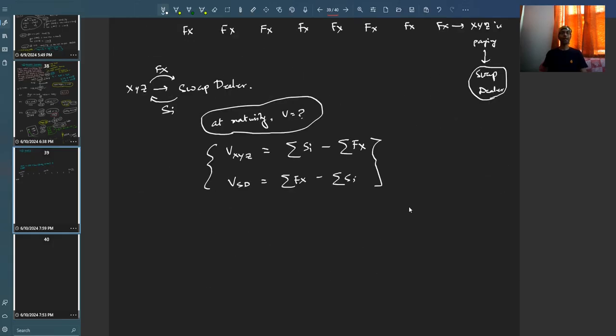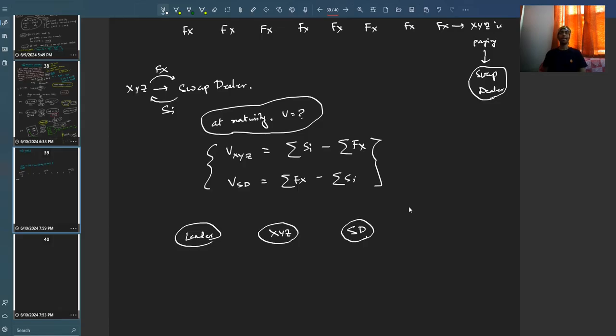How does the cash flow look? Basically, there are 3 entities: the lender to XYZ, XYZ, and the swap dealer, let's call it SD.